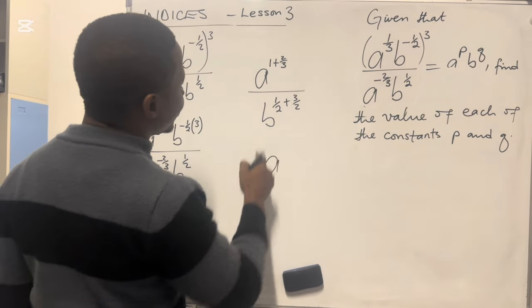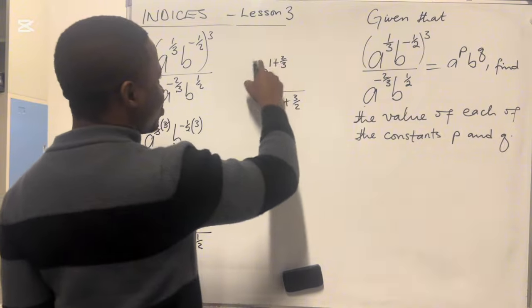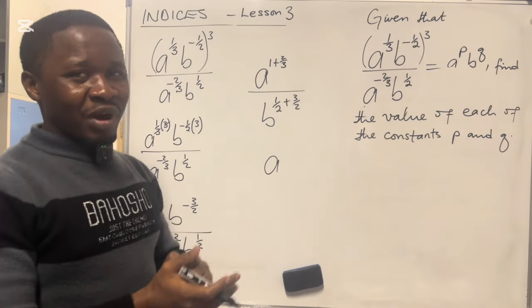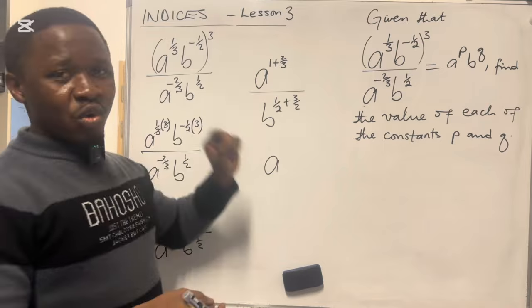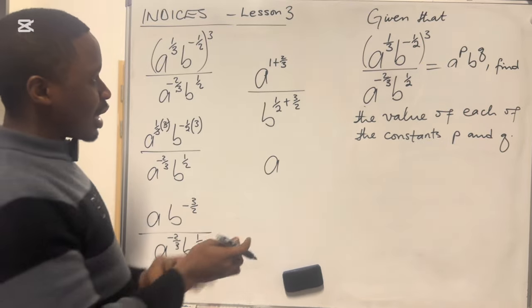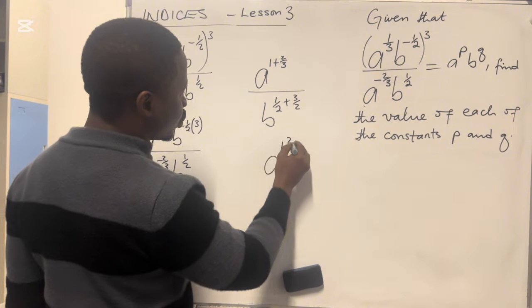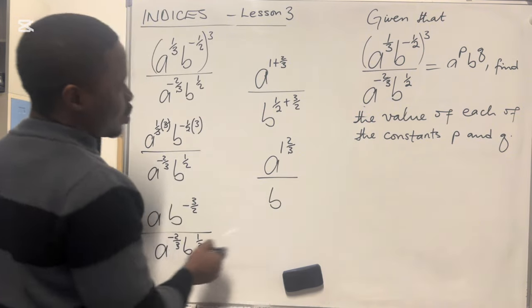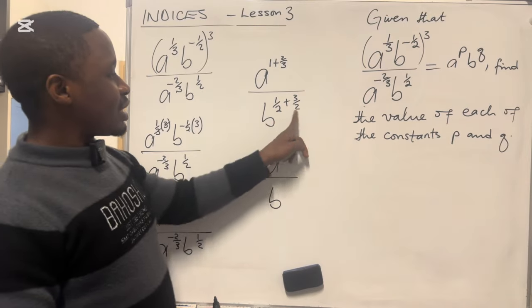So at the top is a to the power 1 plus 2 over 3. 2 over 3 is a proper fraction. 1 is a whole number. A whole number and a proper fraction, just put them together. 1 whole number 2 over 3. We are lucky that the denominators are the same.